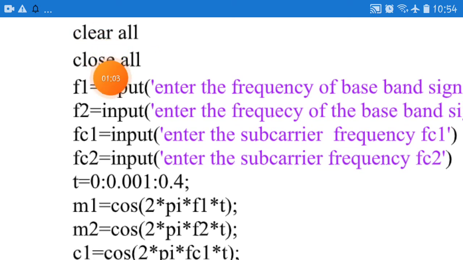So clear all and close all. F1 is the input baseband signal frequency. F2 is another baseband signal frequency, and FC1 is the carrier 1 signal frequency, and the second carrier FC2 is the input for the second carrier frequency to generate the second DSBSC.